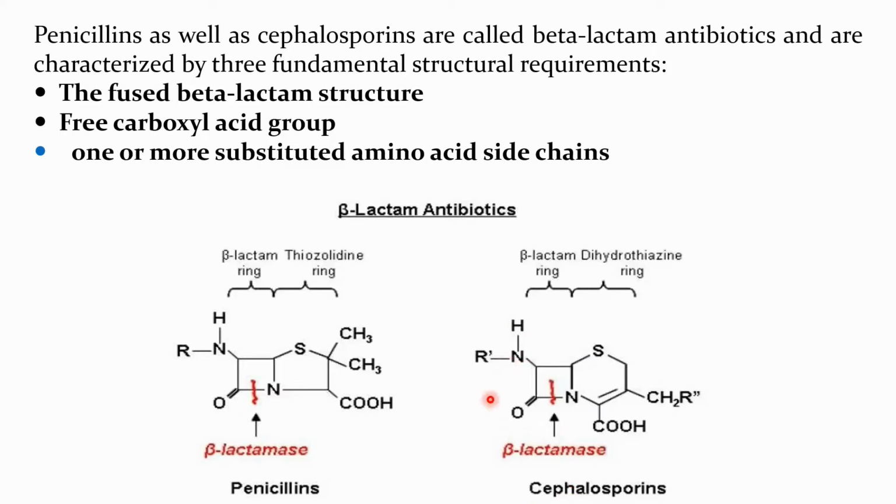In cephalosporin also you can see this is the beta-lactam ring, this is the carboxylic group and this is the amino acid side chain. So these are the common things present in penicillin as well as cephalosporin. But one of the major differences is the other ring which is present along with the beta-lactam ring.